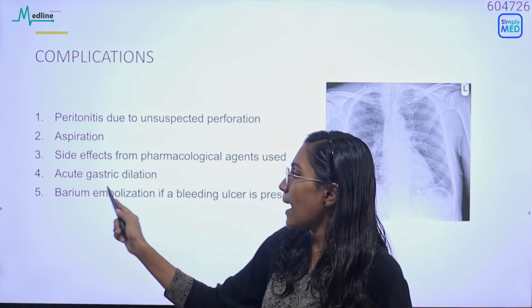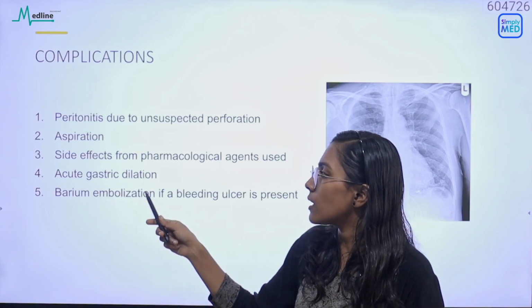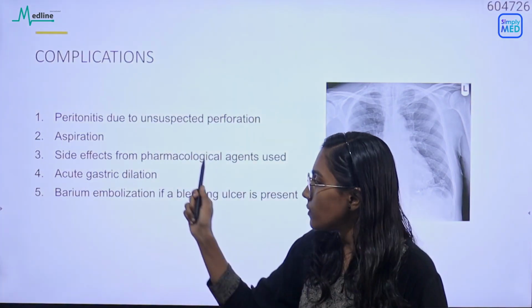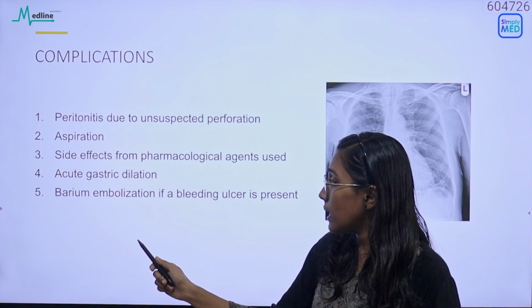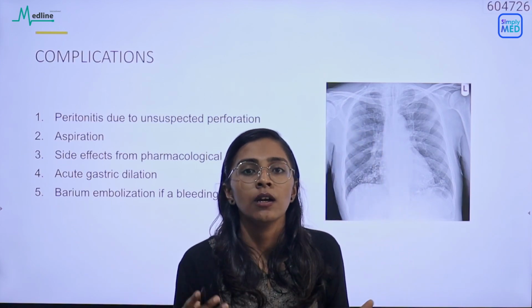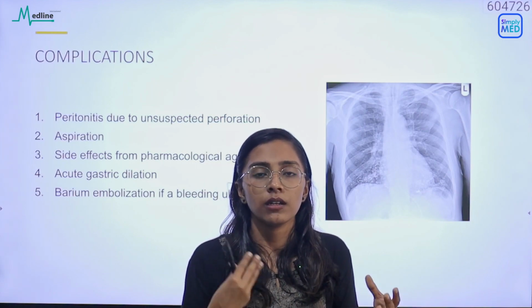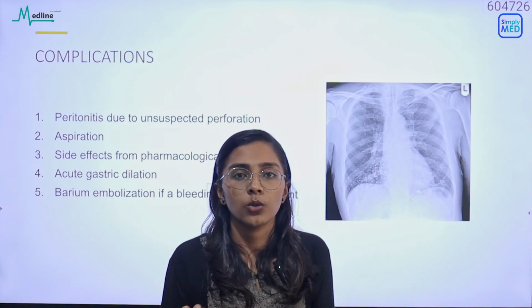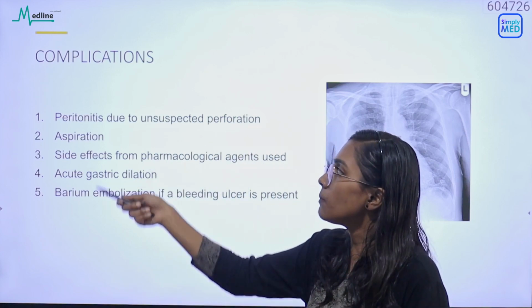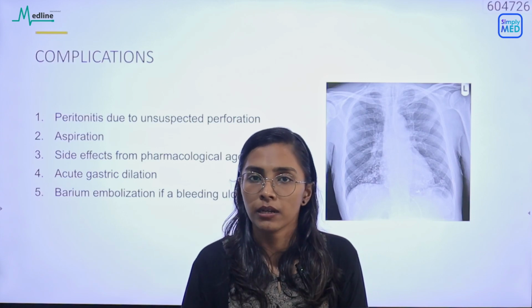Then acute gastric dilation, a clinical condition which is a risk factor for complication. Then barium embolization. If a bleeding ulcer is present, barium embolization can occur, which means stopping the blood flow due to the barium. So these are the possible complications while performing a barium meal study.